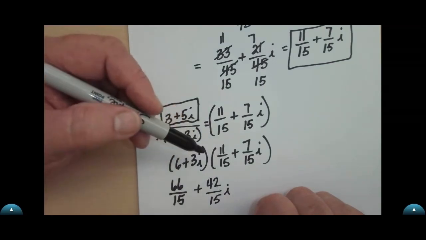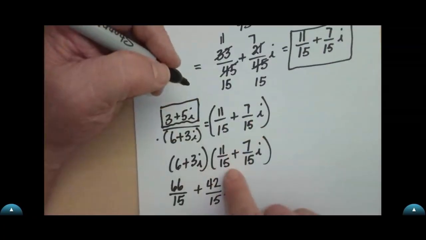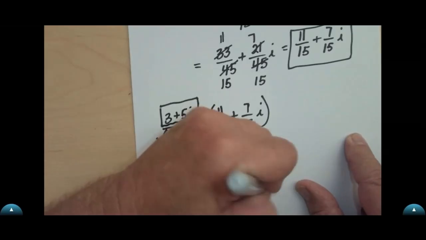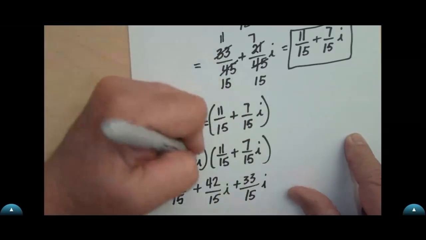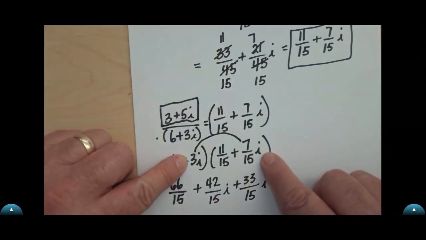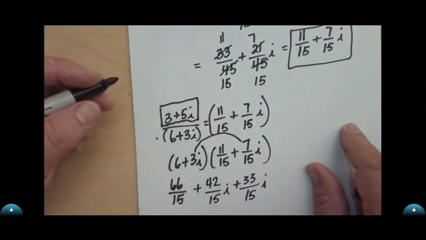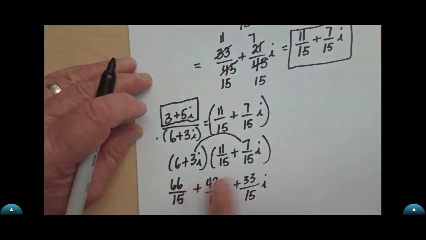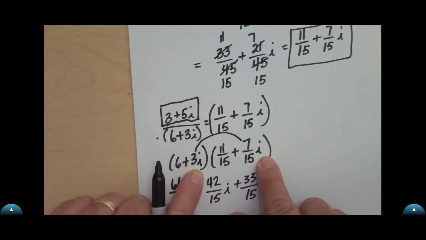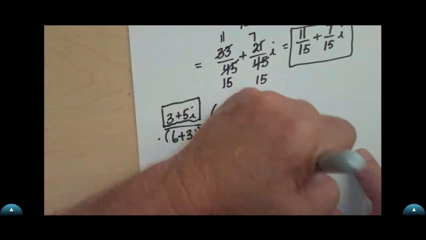Well, 3 times 11 is 33. So we're going to get plus 33 over 15i. And finally, when we do this last one, 3i times 7 15ths i, well, 3 times 7 is 21. So I'm going to get plus 21 over 15i squared, which is really minus 21 over 15.